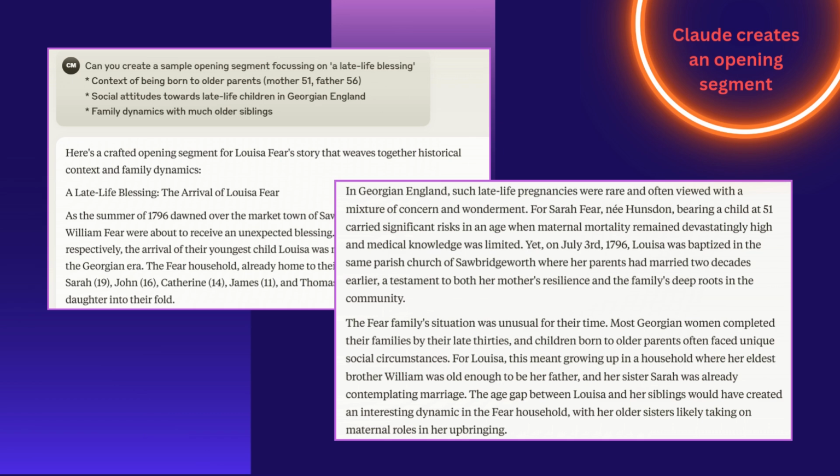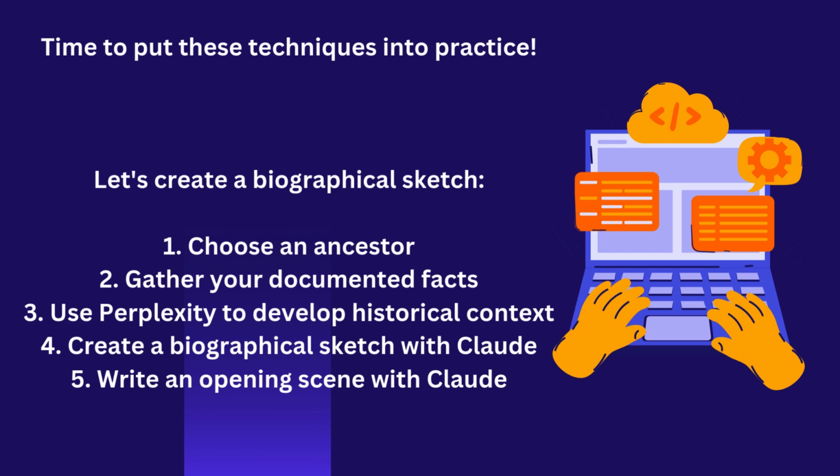So the AI tools have helped me enormously with this project. Why not have a go yourself? Let's put some of these techniques into practice. Use the building blocks approach and create a biographical sketch. Choose one of your ancestors. Gather your documented facts.